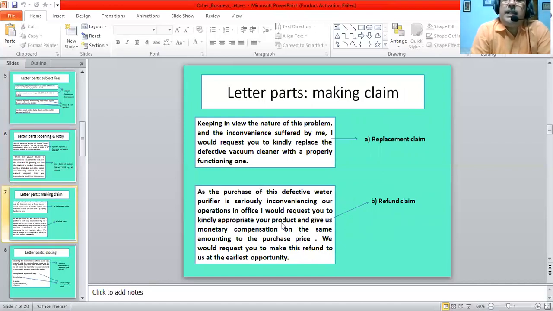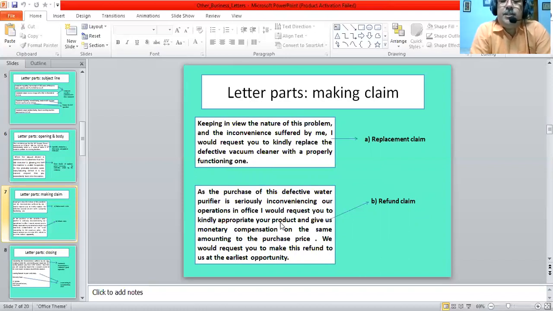Now, of course, once the problem has been stated and once you have briefly also stated how the problem is inconveniencing you, the next part is the making of the claim. So what does that involve? Again, I'm reading from the sample that is provided over here.